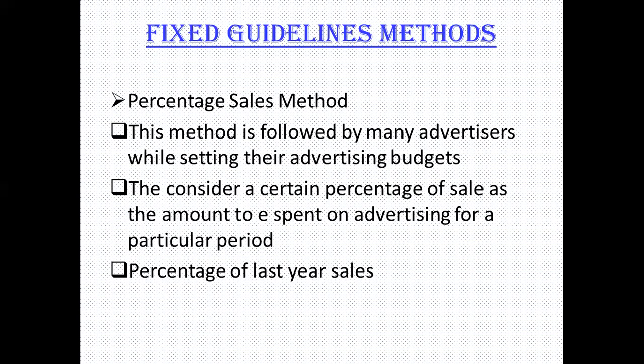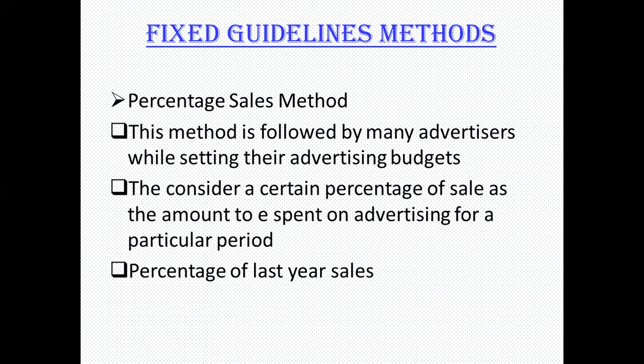Under normal situation, what do we do? We basically have 10 to 20% hike, 10 to 20% increase in our percentage of sales. If last year the sales were 10,000, then this year what can we do? We can have the margin of 10 to 15%, or maximum 20% of sales. That is, 10,000 can become 11,000 or 12,000 units sold. This is the normal situation.